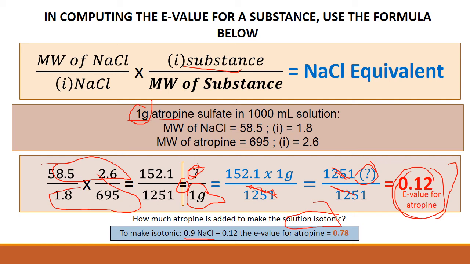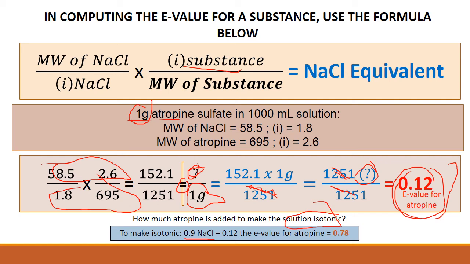So you have to write the formula and replace the values: 58.5 for the molecular weight of our sodium chloride over 1.8, the Van 't Hoff factor of our sodium chloride, times 2.6, the Van 't Hoff factor of our substance, divided by 695, the molecular weight of our substance.